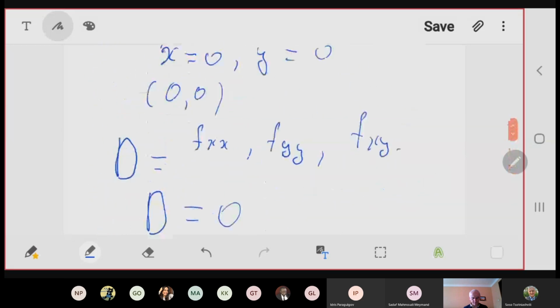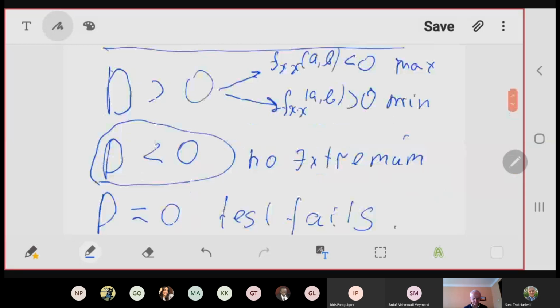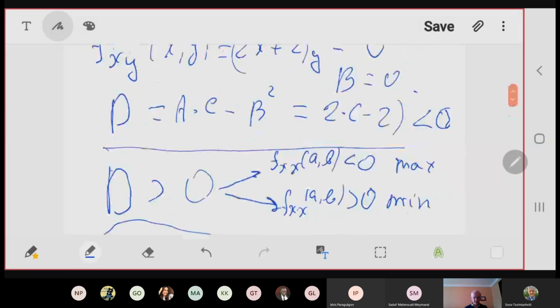So remember this chart very well. First of all, what is D?